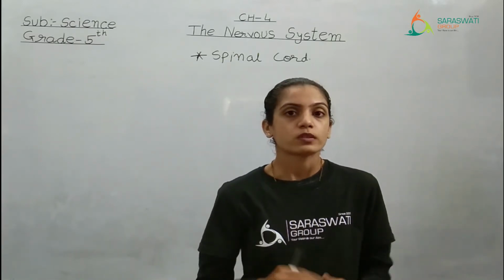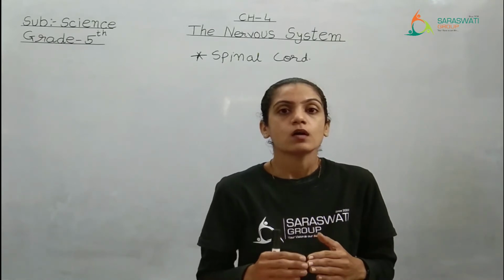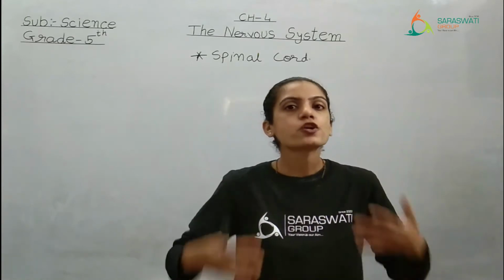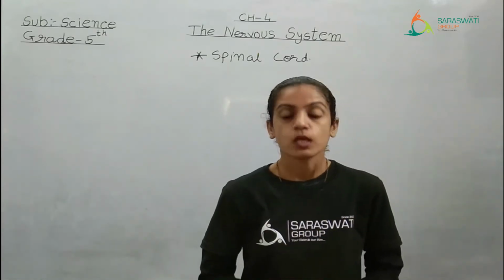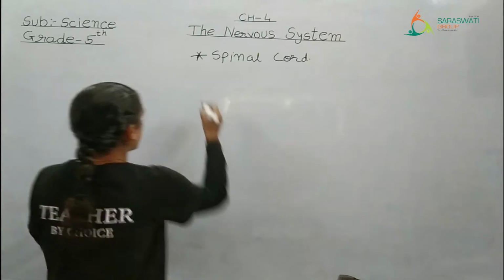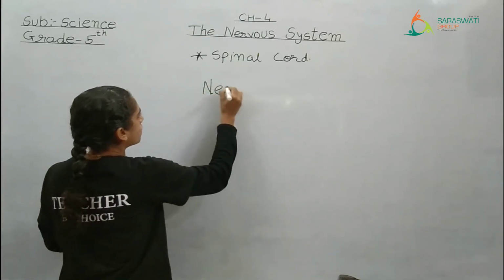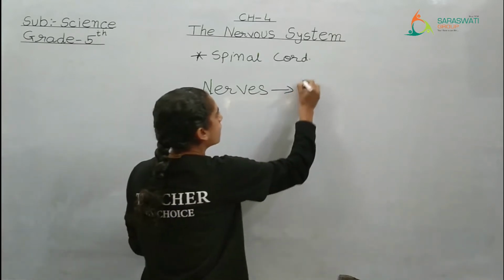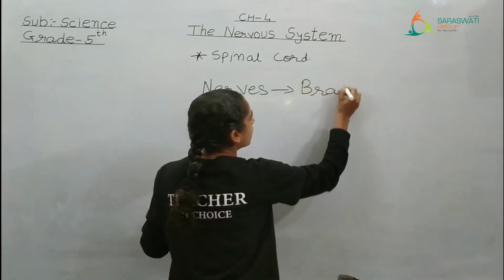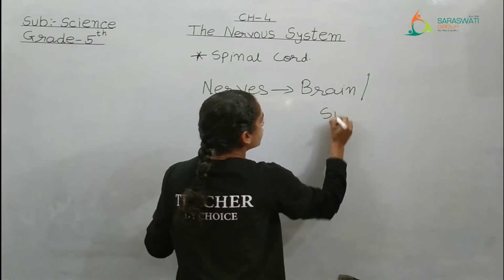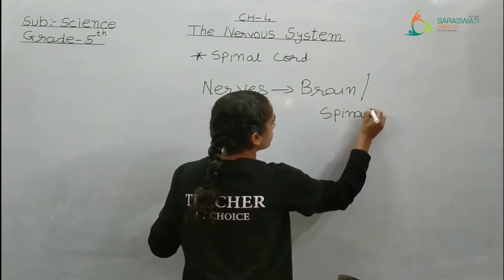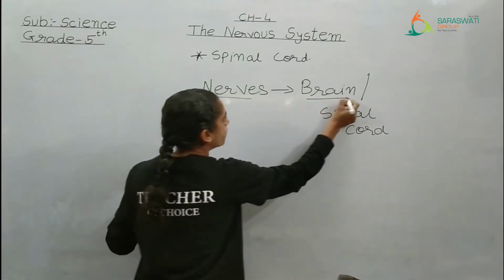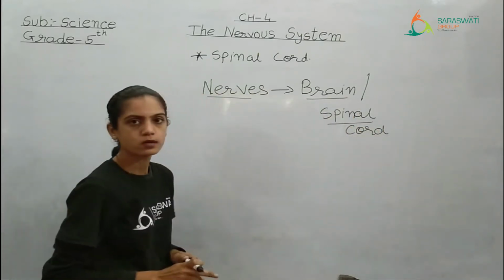That is one type of application, a natural message application. That message is passed from the different types of nerves to the brain or to the spinal cord.